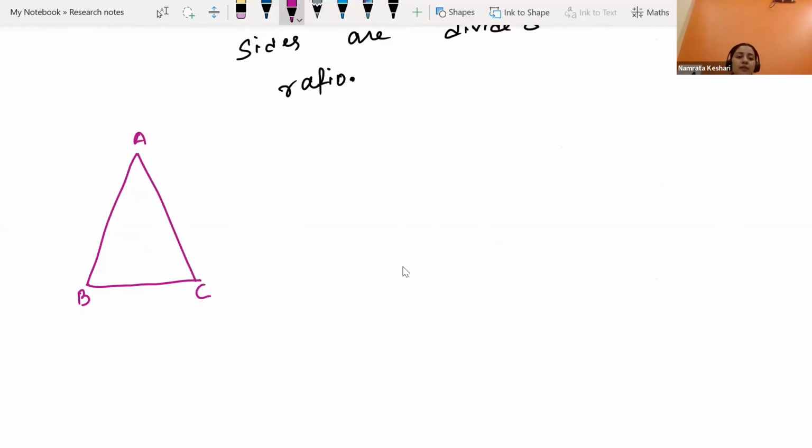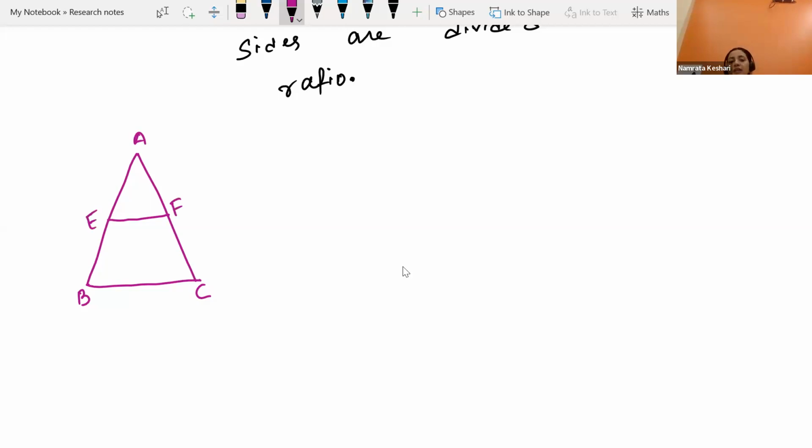So let's draw a line which is parallel to BC and intersecting AB and AC. A line we have drawn which is parallel to one of the sides and intersecting the other two sides.